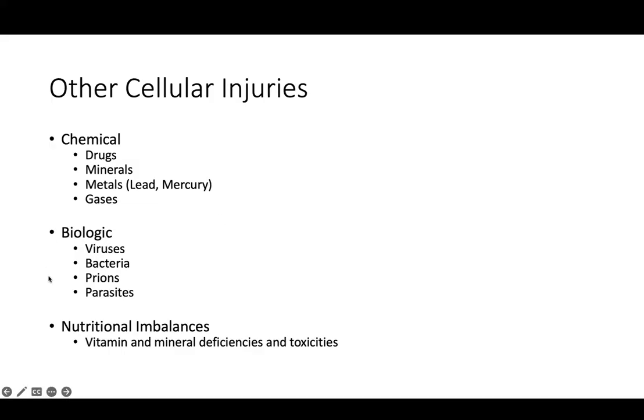You can have biologic cellular injuries, so viruses, bacteria, something called a prion, some types of parasites. These are all things that are going to damage the cells, but are living organisms that are damaging the cells. We're going to talk about those in our mechanisms of infectious disease. And then various nutritional imbalances, either vitamin deficiencies or mineral deficiencies, or even the toxicities of them. It's possible to have too much of the vitamins and minerals.